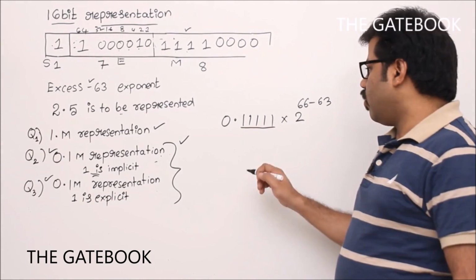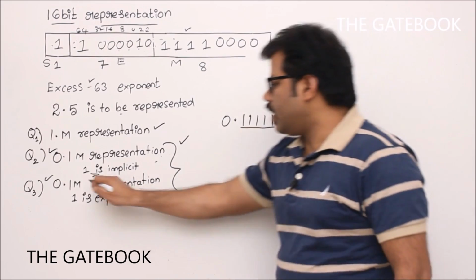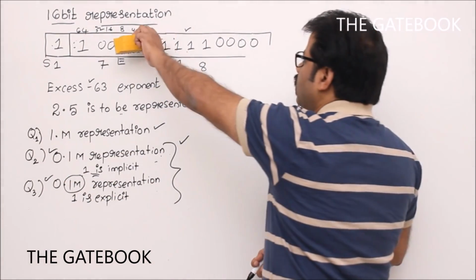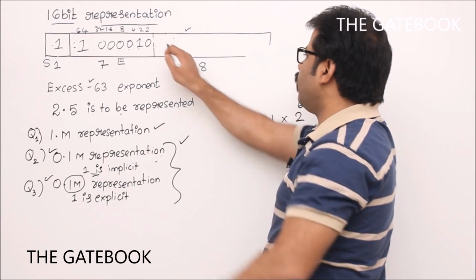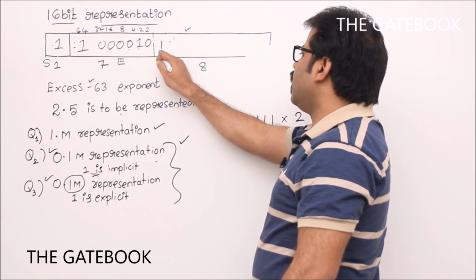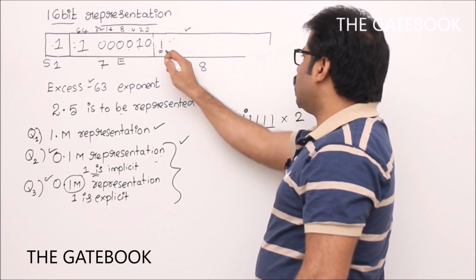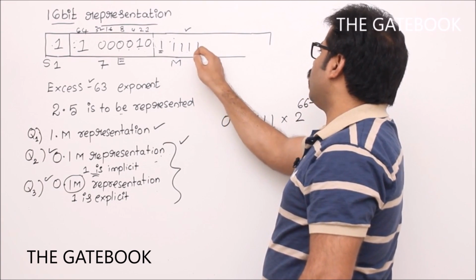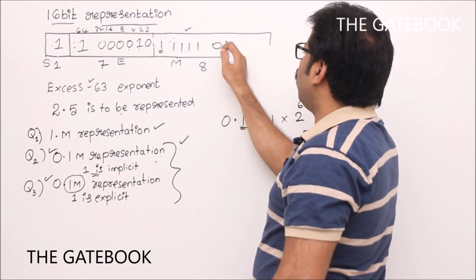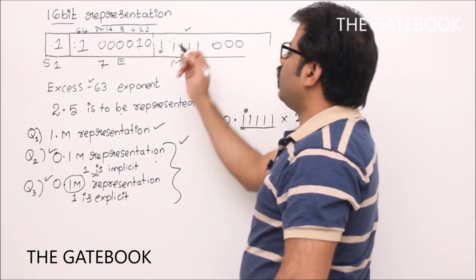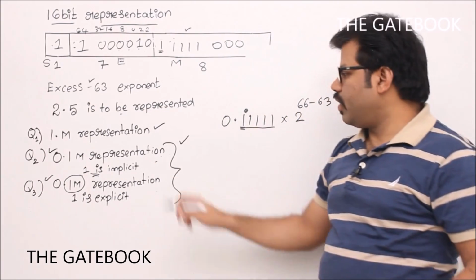So it is like now, 0.1m, this entire thing is actually the mantissa. Here we have to represent everything. Apart from the mantissa, we have to represent 1 also. You can say like this. So this one is this one. We should explicitly store it. Then the remaining 4 bits, 1, 2, 3, 4, followed by 1, 2, 3, 4, 5, 6, 7, 8. Everything is the same. That is the only difference between these two.